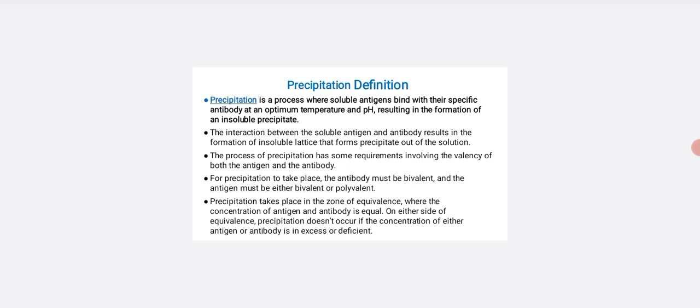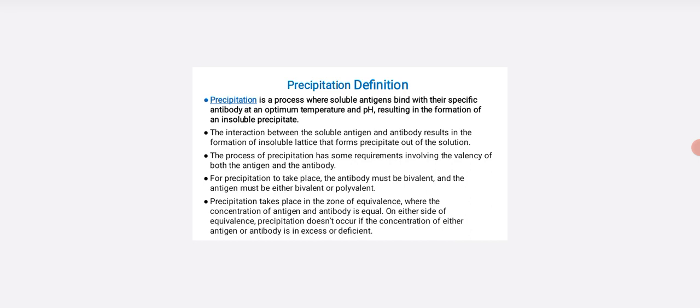The interaction between the soluble antigen and antibody results in the formation of an insoluble lattice that precipitates out of the solution. The process of precipitation has some requirements involving the valency of both antigen and the antibody. For precipitation to take place, the antibody must be bivalent and the antigen must be either bivalent or polyvalent.